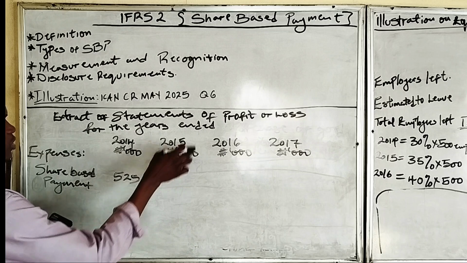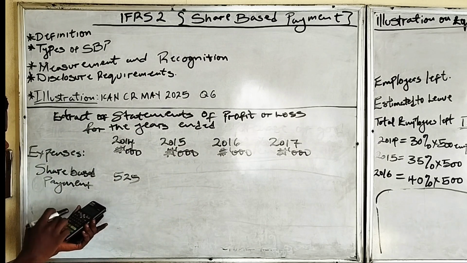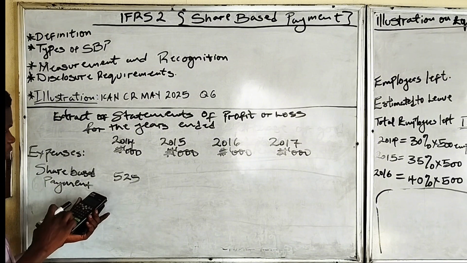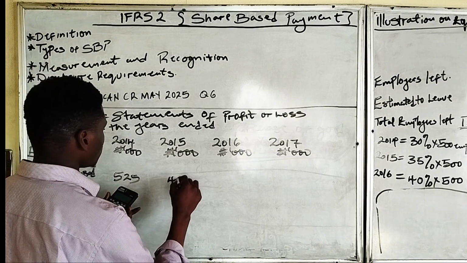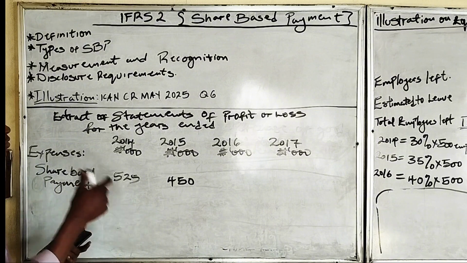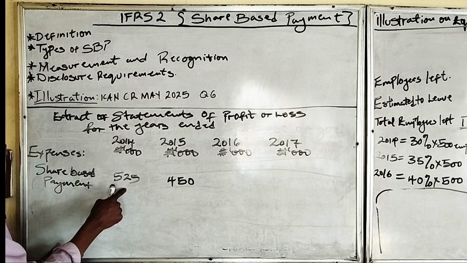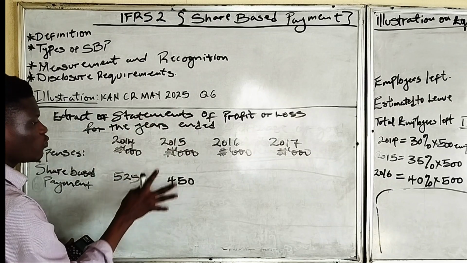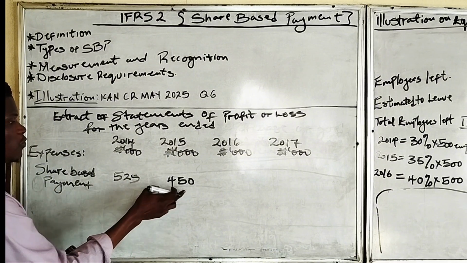So the expenses for 2015 is 975,000 minus 525,000. That gives us 450,000.